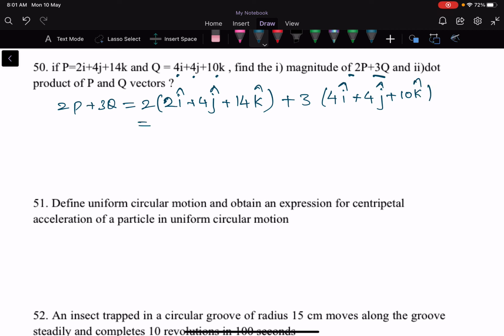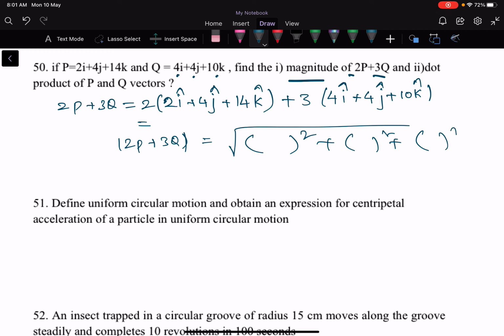So find this vector, and after this find the magnitude. Magnitude is the square root of x component squared plus y component squared plus z component squared.